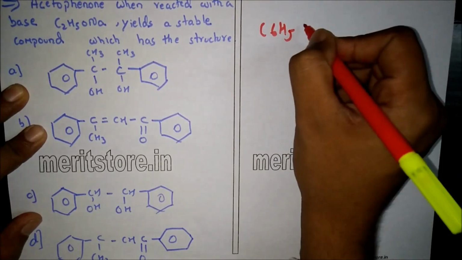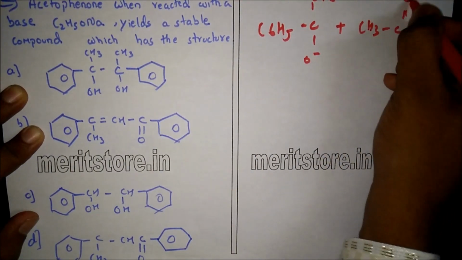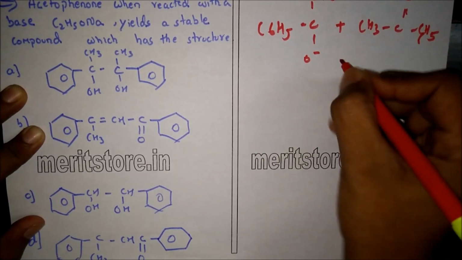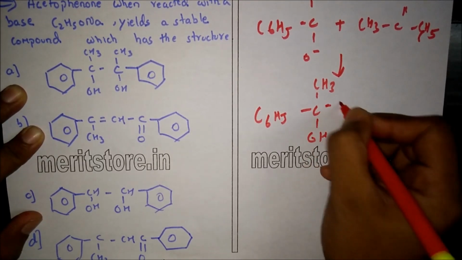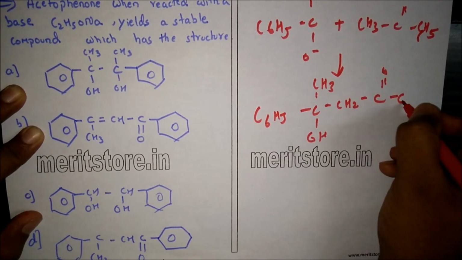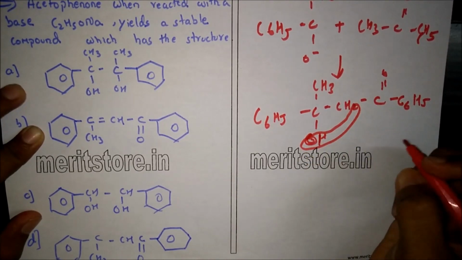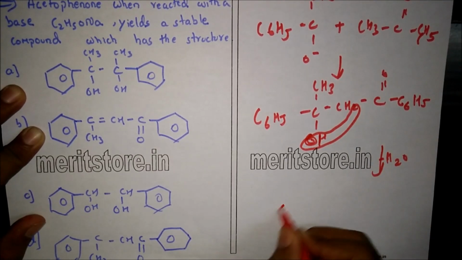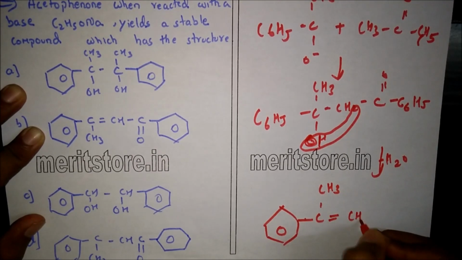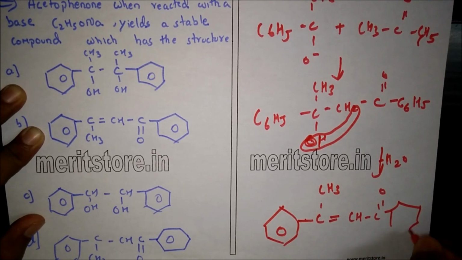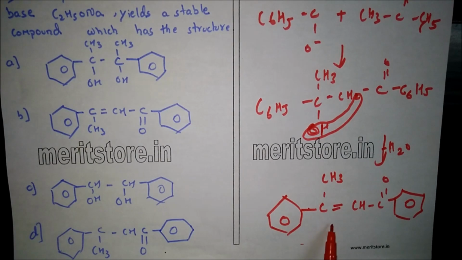Acetophenone, C6H5COCH3, reacts with another acetophenone in the presence of a base to form C6H5C(OH)(CH3)CH2COC6H5. Now water will be removed, so H2O is eliminated to form a product which has two benzene ring structures: C6H5C(CH3)=CHCOC6H5. Therefore, this is the end product when acetophenone reacts with a base C2H5ONa. Therefore, the correct answer here is option B.